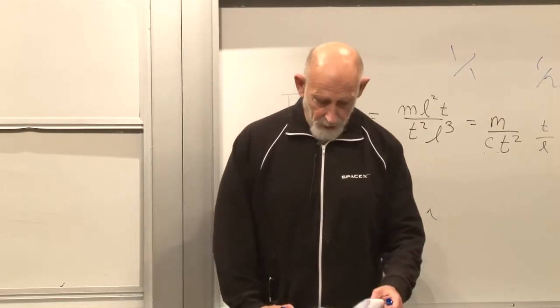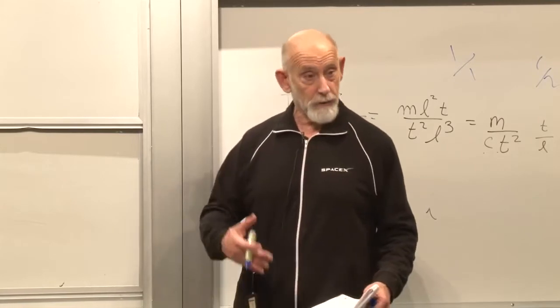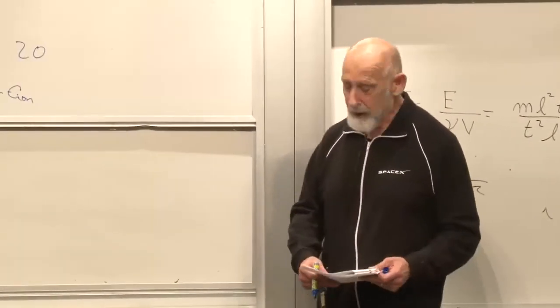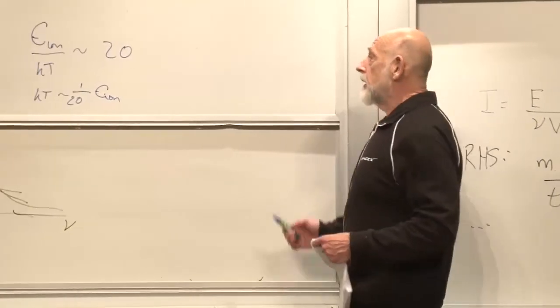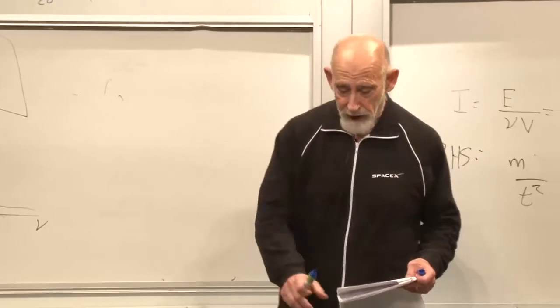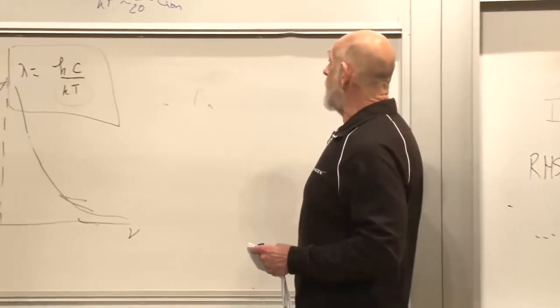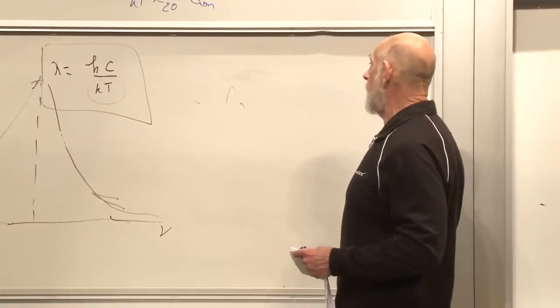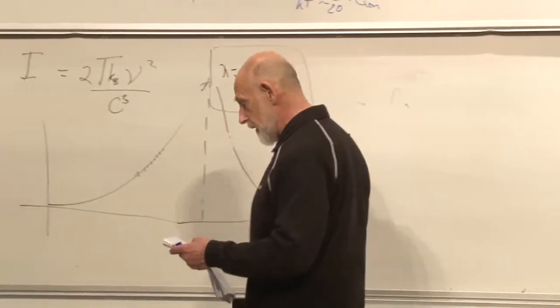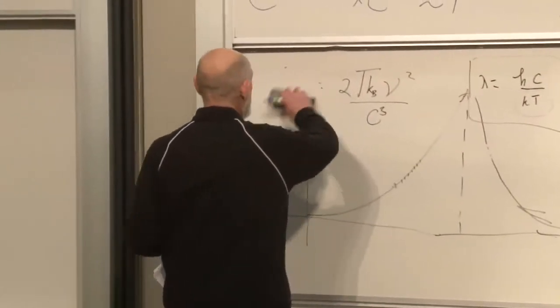There are enough high-energy photons. High-energy photons now means above 13.5 electron volts. There are enough of them around to make sure that a significant population of the atoms are ionized. That happens when the characteristic temperature is only 1/20th of the ionization temperature.